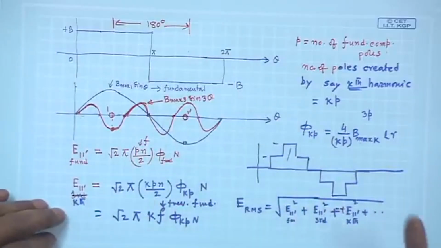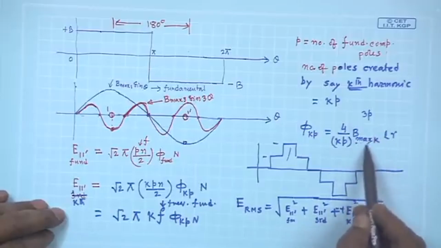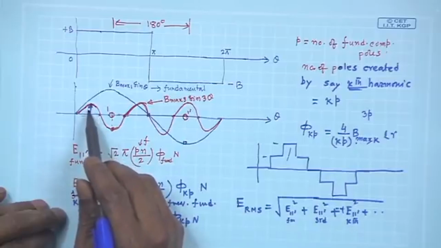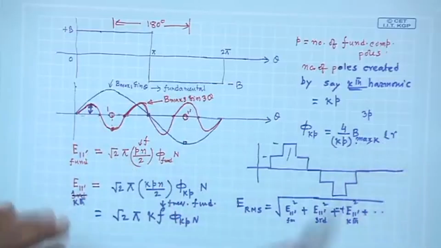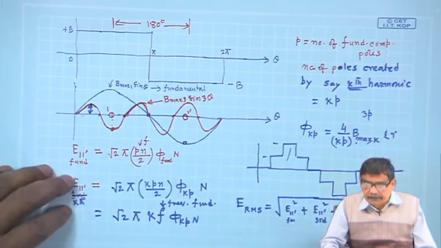So, 4 by k p B max k, the kth harmonic's amplitude B max k is this one, into L into R. L R of course will not change, the length of the machine is fixed, R is fixed. We will continue next time. Thank you.